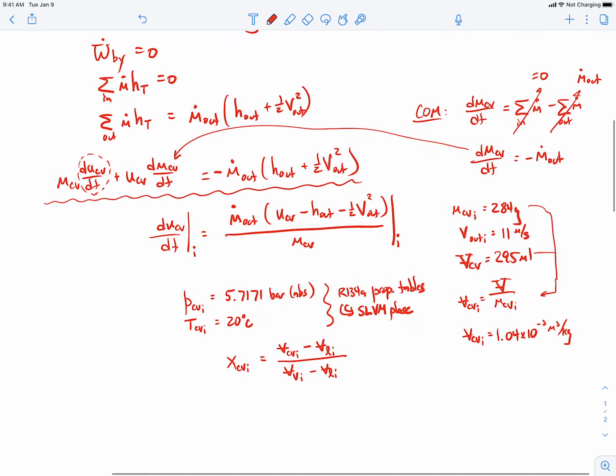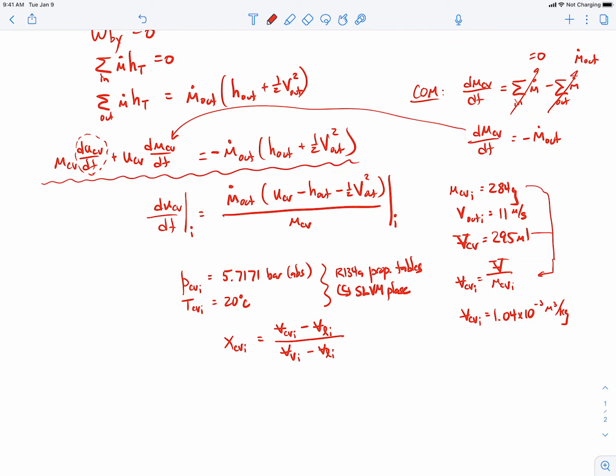This is how I would find the quality initially. It's the specific volume in the control volume minus the saturated liquid specific volume, and in the denominator, the saturated vapor specific volume.